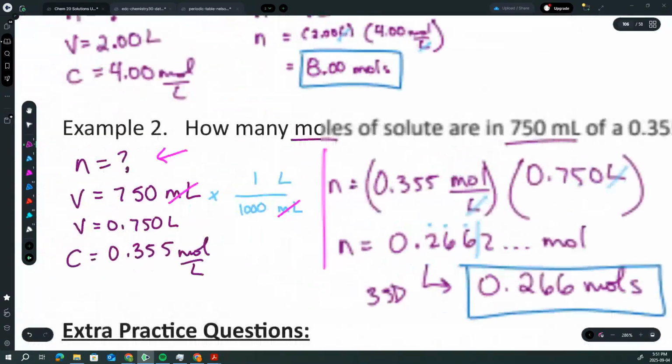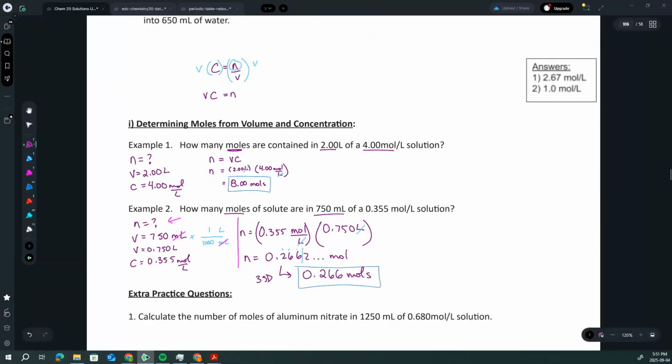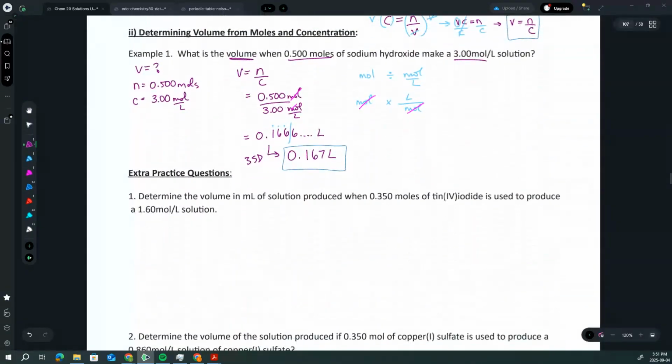With unit analysis, essentially what you do is you make sure that you cancel out milliliters by having 1 unit of milliliters in the top and the other in the bottom, and then since those cancel, you want to make sure you're left with liters. So if you want to recap on that, make sure to watch the video again. Another way that you can just remember how to convert from milliliters to liters is you could just divide by 1,000. It all gets you the same answer in the very end.